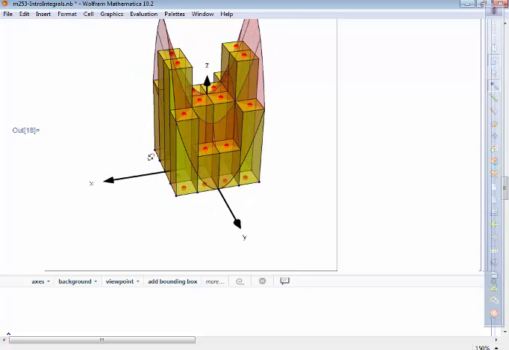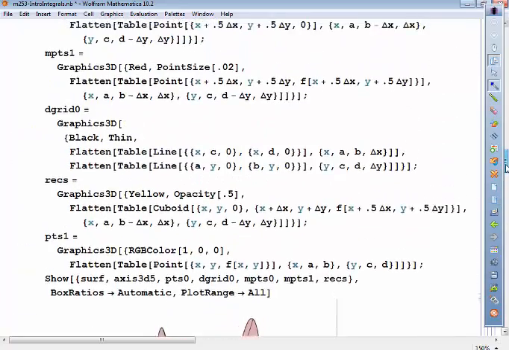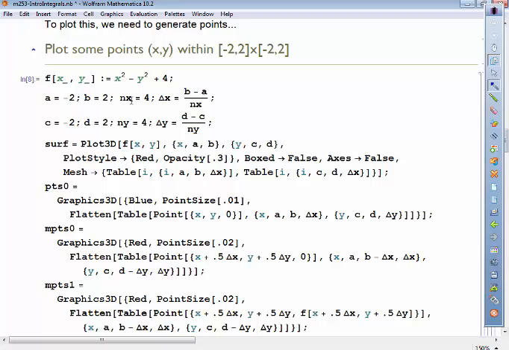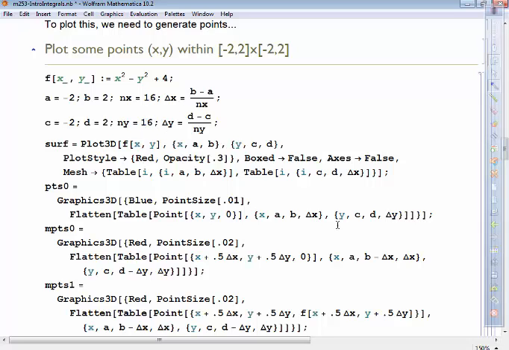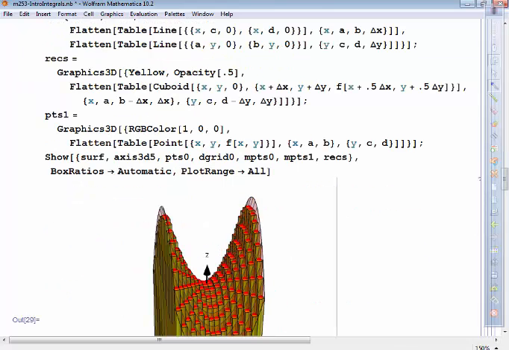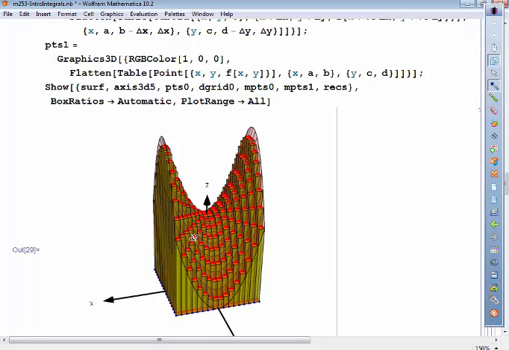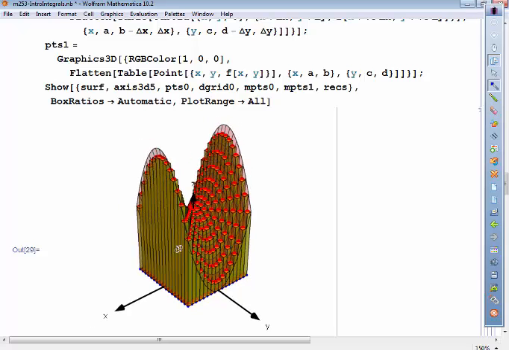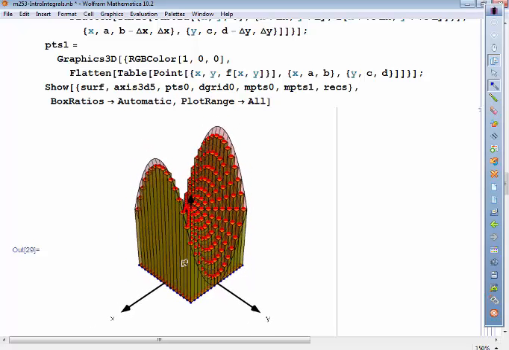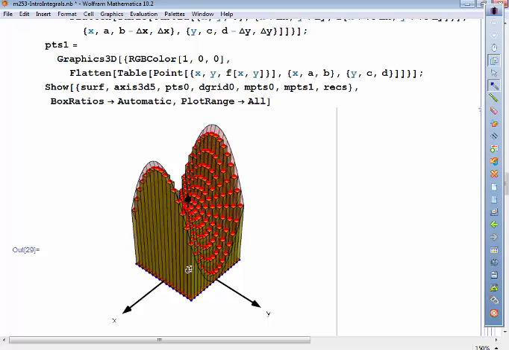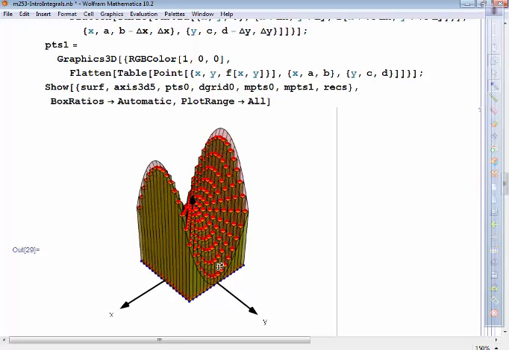And what's cool with computer programs like this is that we can increase or decrease the number of partitions that we decide. And so if I increase this to like 16, then I get finer rectangles to look at. And that would be a better approximation of what's going on.